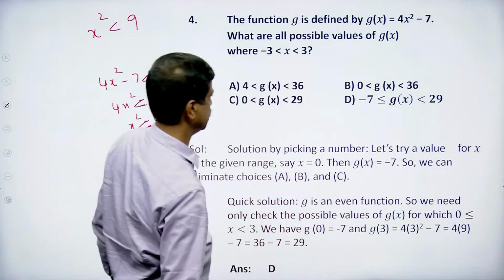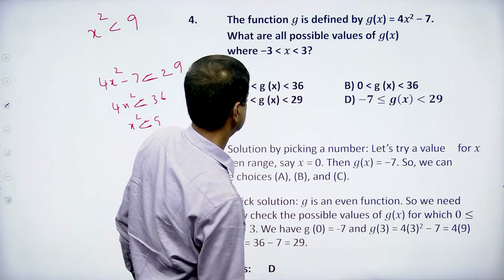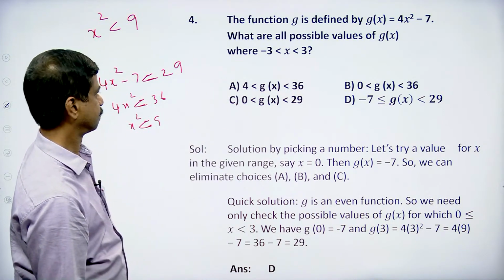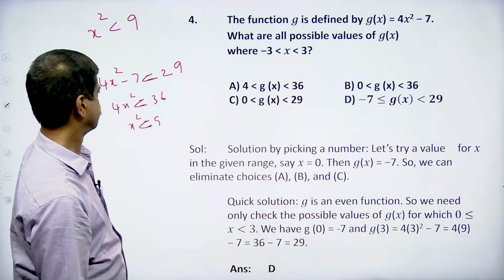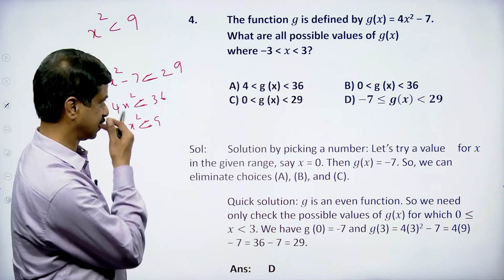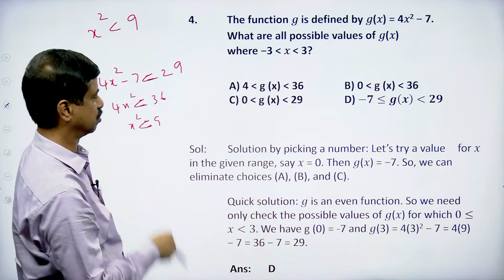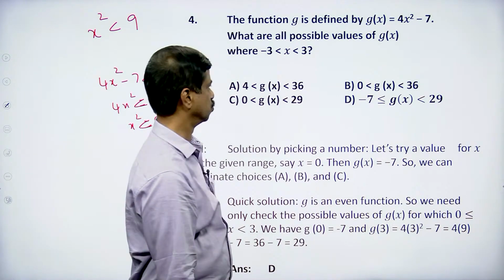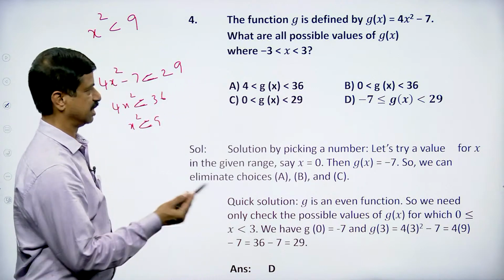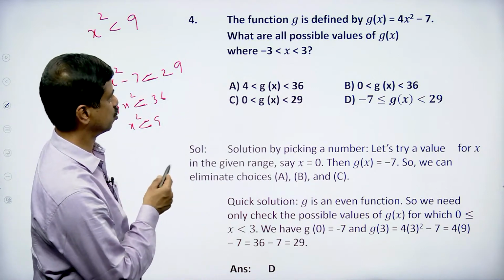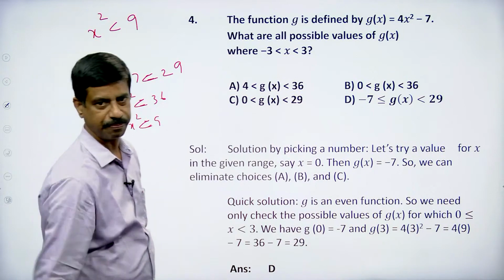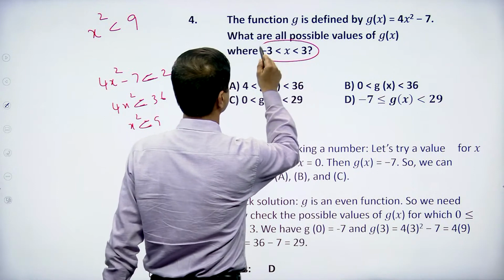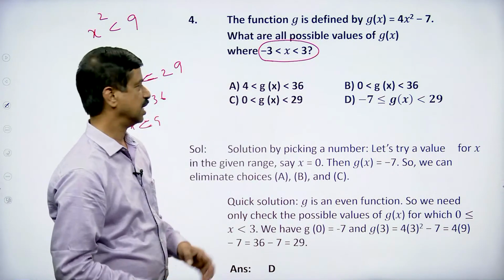So how is it D? g of x greater than minus 7. So g of x is lying between 0 to less than 29, and greater than 0 means x square becomes, okay. See, between these two there should be no hindrance, isn't it? Between these two there should be no hindrance.